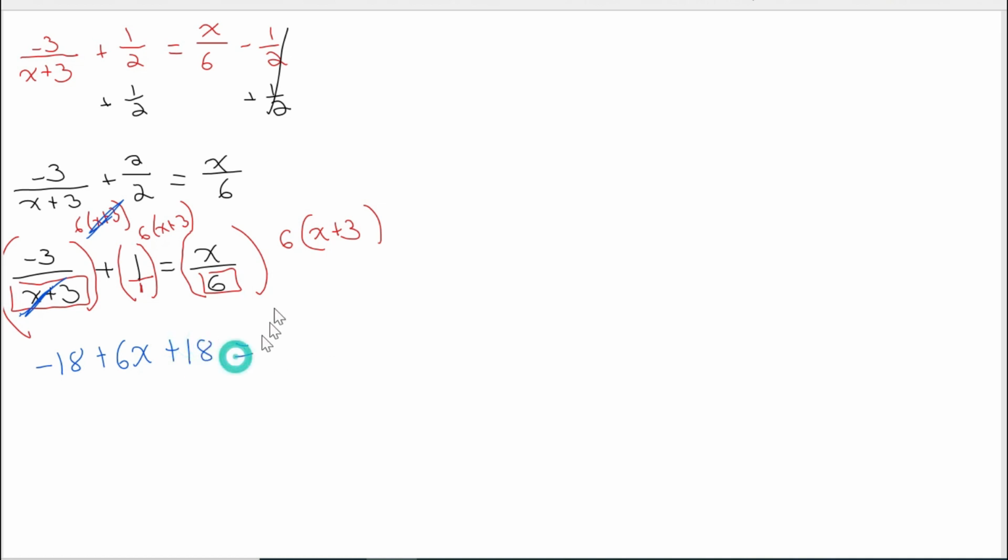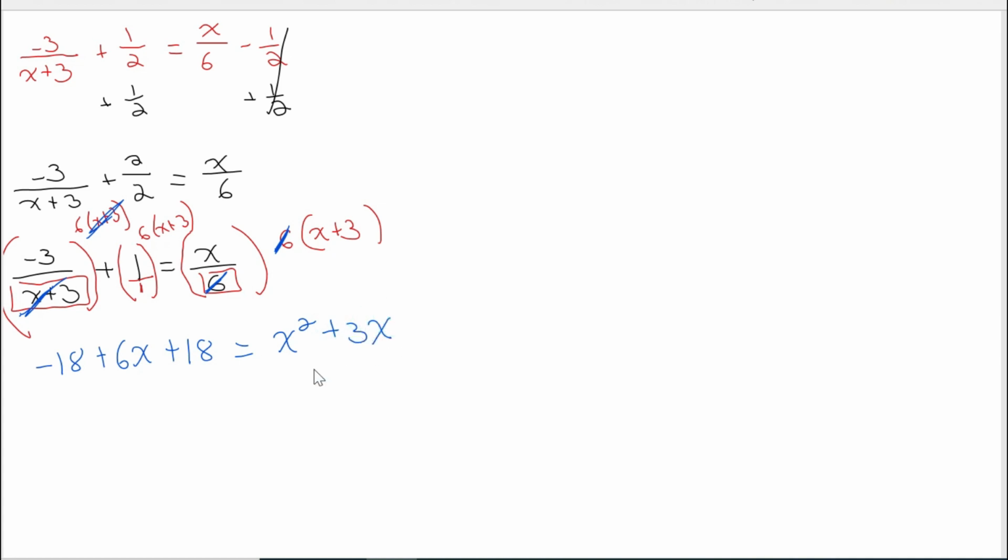And then equals, what I did on this side was, you remember the denominator has to have x plus 3, so I'll just multiply the whole thing by x plus 3 times that 6 because that's there. So if you notice, the 6's are gone. And I'm left with this x, and I have to multiply the x times x plus 3, which is x times x will give me x squared. And x times 3 will give me positive 3x.